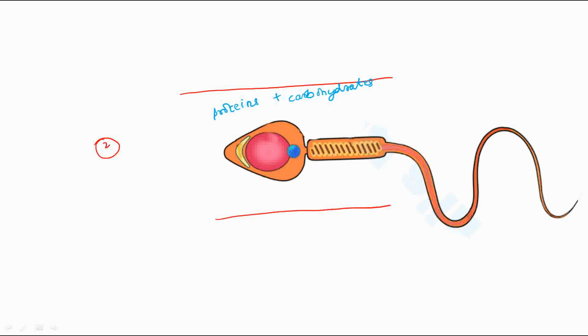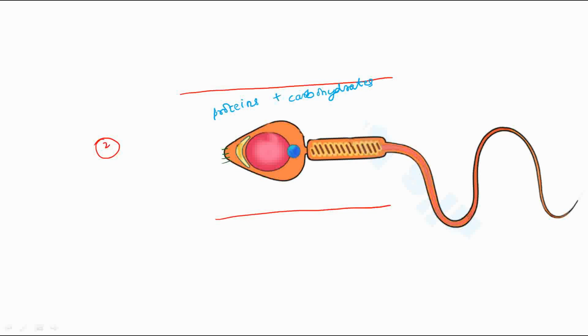And this removal unmasks the receptor proteins present in the sperm cell membrane that are required to interact with the zona pellucida of the egg.